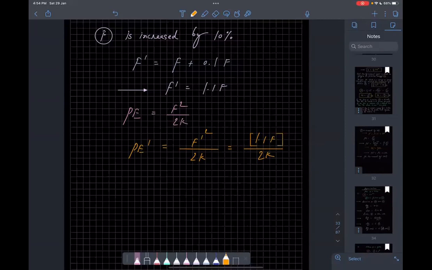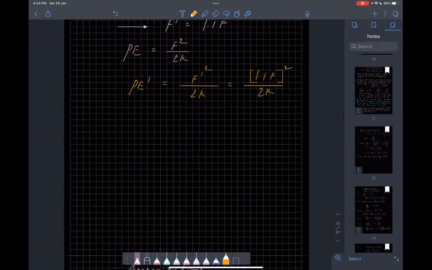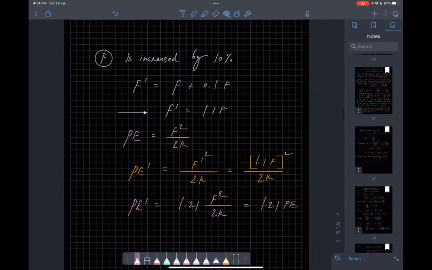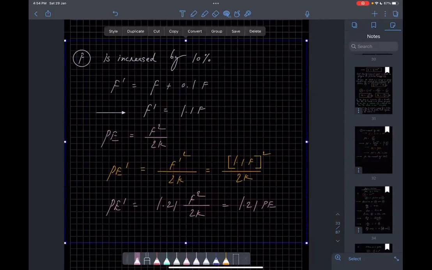Clear? So what is potential energy dash? 1.21F square by 2k, correct? Which is 1.21 times the initial potential energy. Do you agree? Yes, sir. So 1PE plus 0.21PE.